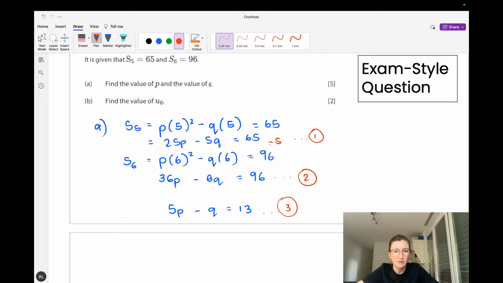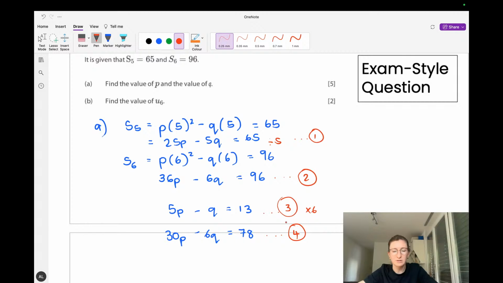All right, now I'm going to multiply this equation by 6, so I can get it to have the same as this. Again, many ways to solve this problem. Times by 6, I get 30p minus 6q times 6. Well, that is 60 plus 18, so 78.